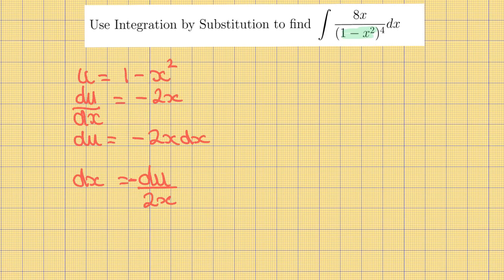Substitute back in, so you get the integral. Remember, you're going to have a quotient, so the 8x is still there. 1 minus x squared is now u, so you get u to the 4, and dx is now minus du over 2x.